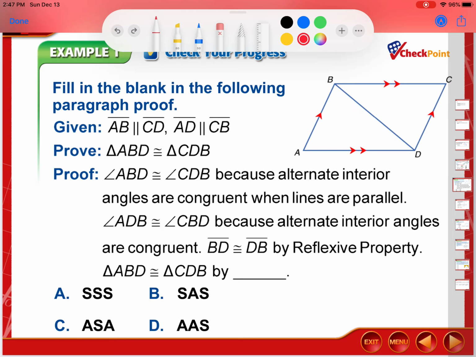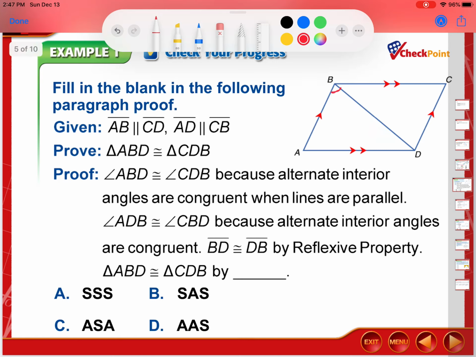So our given says AB is parallel to CD, and then AD is parallel to CB. Perfect, delightful. That's already labeled for us. Then they want us to prove that triangle ABD is congruent to triangle CDB.